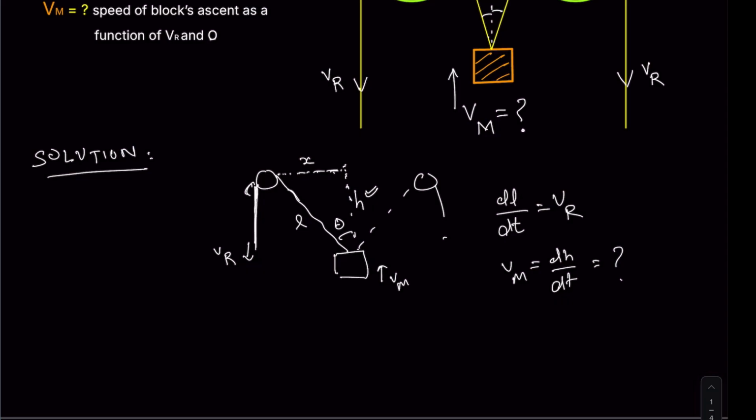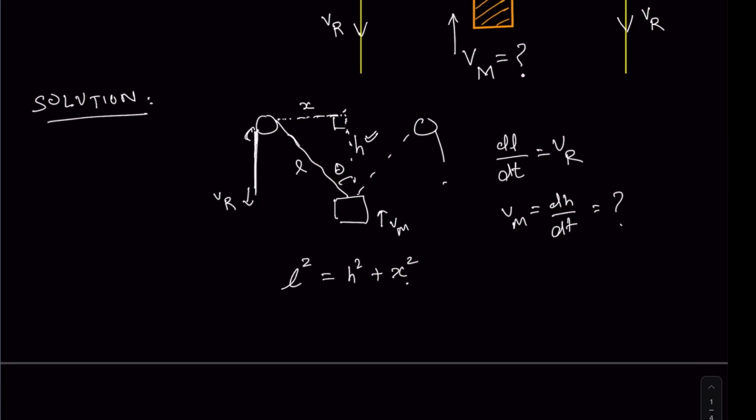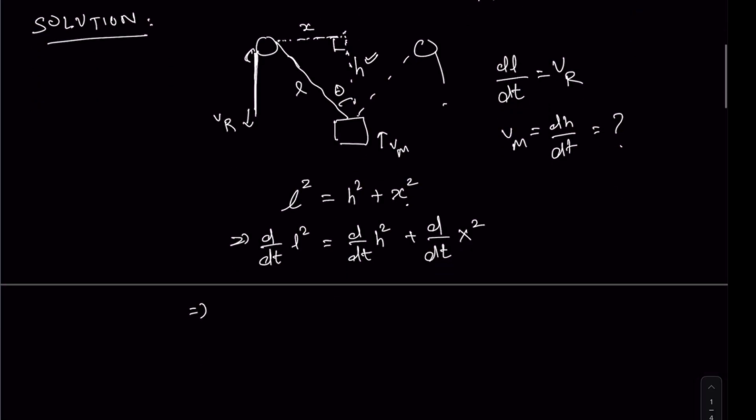So if this is a right angled triangle, L square equals h square plus x square. Hypotenuse and the two other sides of a right angled triangle. Do the differentiation of both sides of the equation with respect to time. We get d/dt of L square equals d/dt of h square plus d/dt of x square. This implies that 2L dL/dt equals 2h dh/dt plus 2x dx/dt.